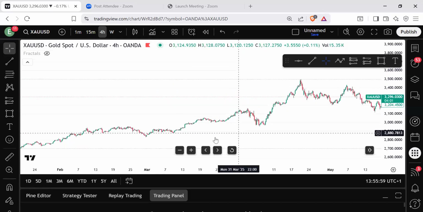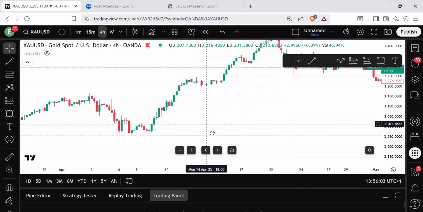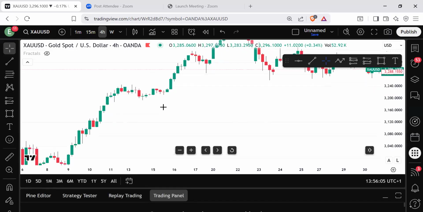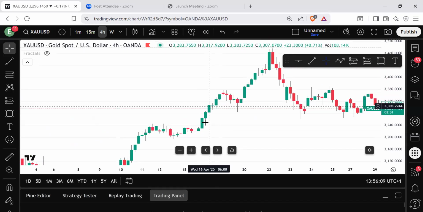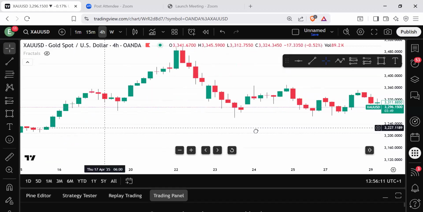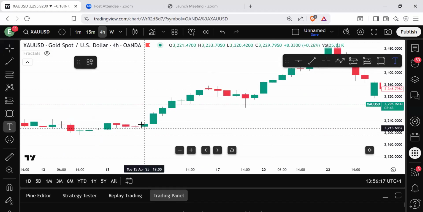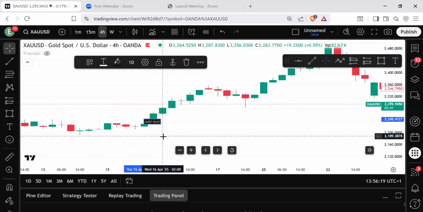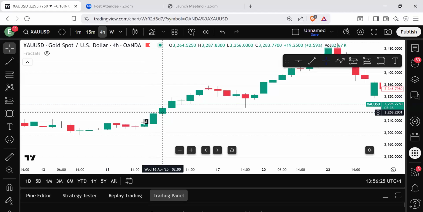Fair value gap. Then let's look at it in the real chart. So we have an impulsive move here. You see that this candle, and this candle and the next one.